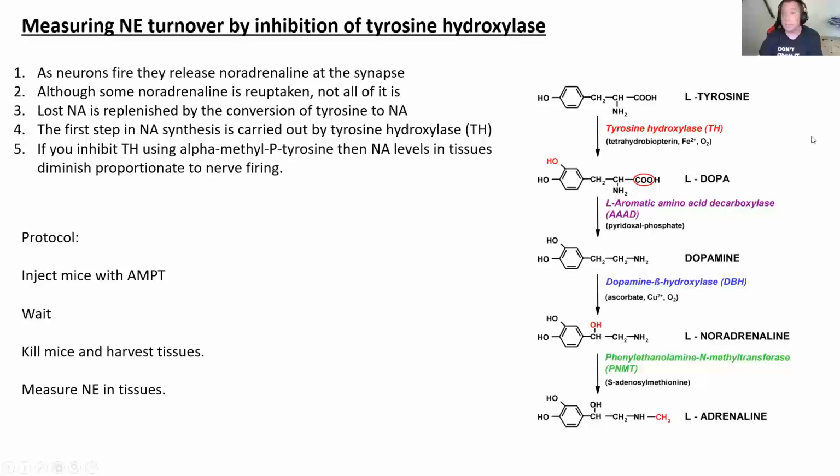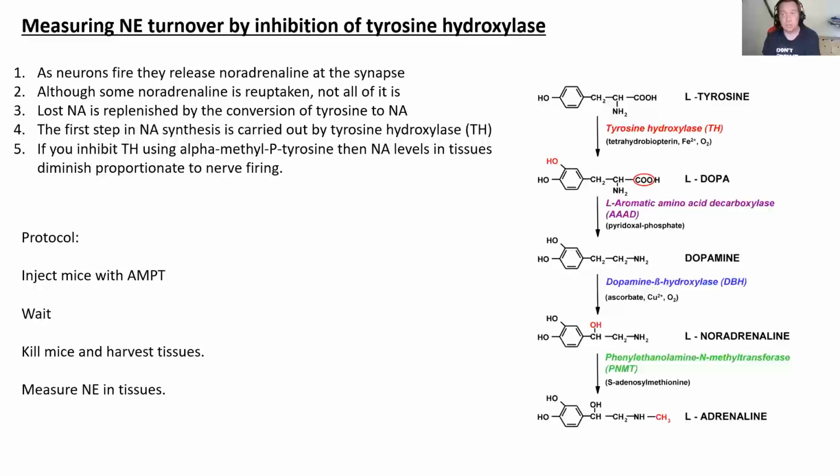The first step in this synthesis pathway involves the conversion of tyrosine to L-DOPA by tyrosine hydroxylase. And if you inhibit tyrosine hydroxylase using alpha-methyl-P-tyrosine, then the noradrenaline cannot be replenished, and the noradrenaline levels in tissues diminish proportionate to how much their nerves are firing.